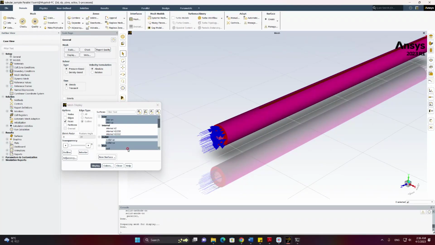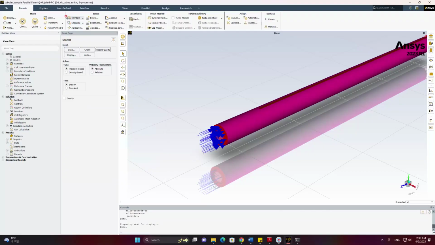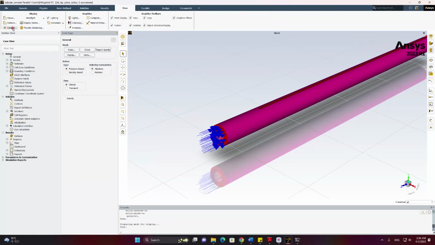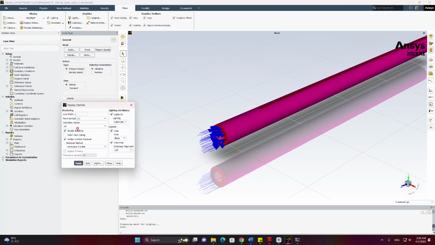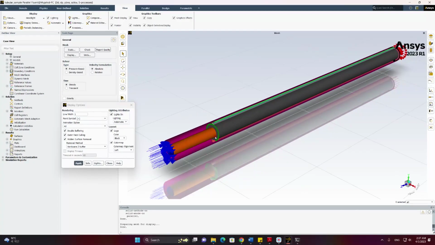So for this purpose, to show the inside surfaces, we should go to view, options, outer face culling. If we check this option and apply, you can see the inside surfaces. What it does is it removes the outside surfaces so that we can see the inside surfaces also. The model itself is there.